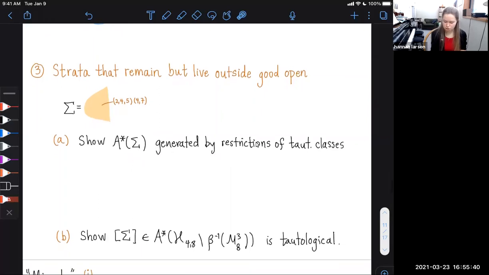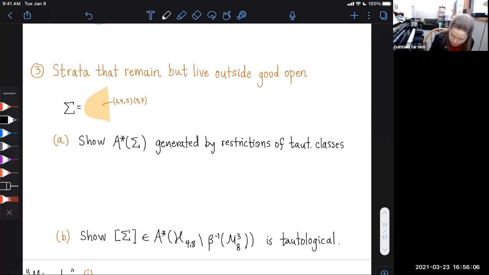And we want to show that the fundamental class of this locus is tautological. And it's enough to do the latter after throwing out the curves of lower gonality. So then we can use the push-pull formula to see that all classes supported here are tautological.